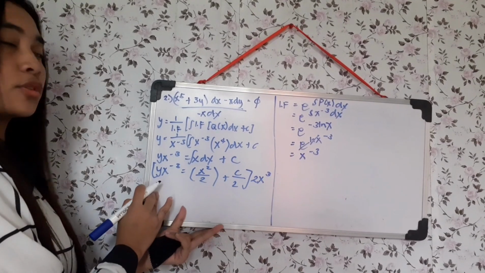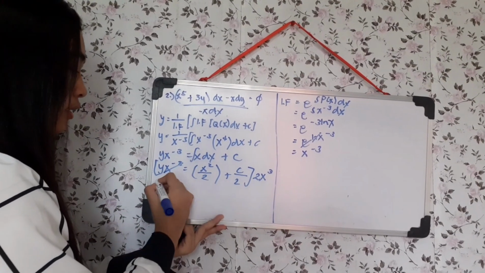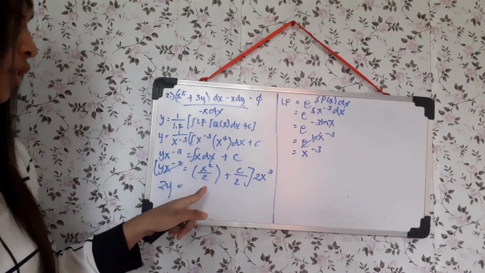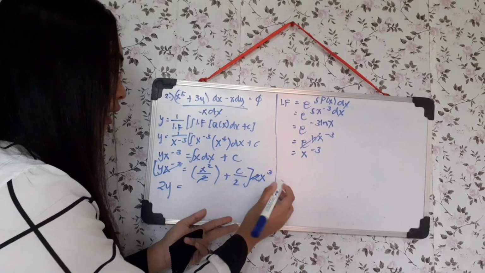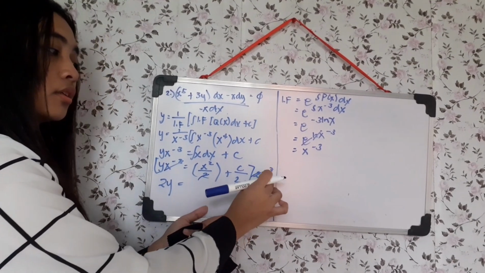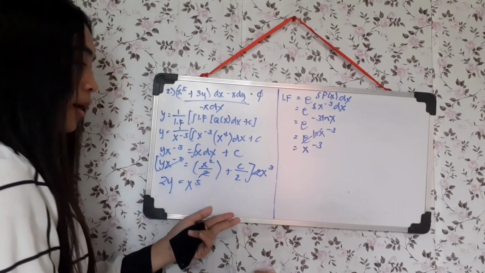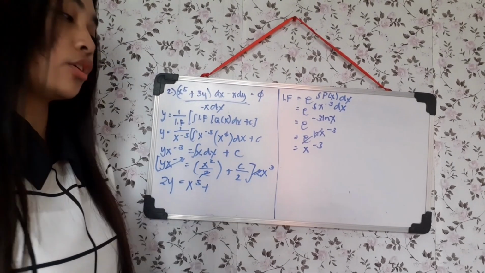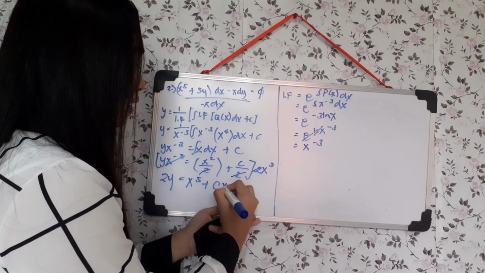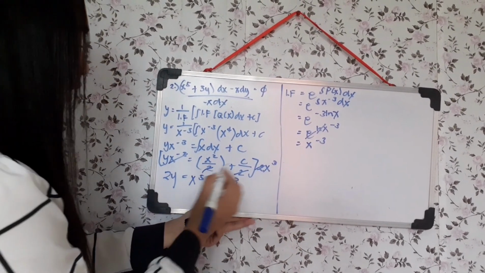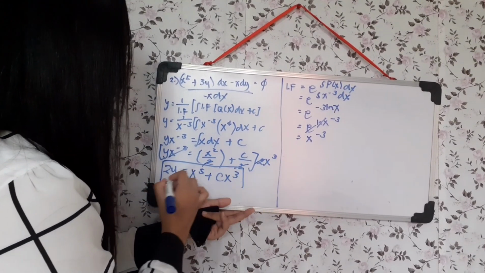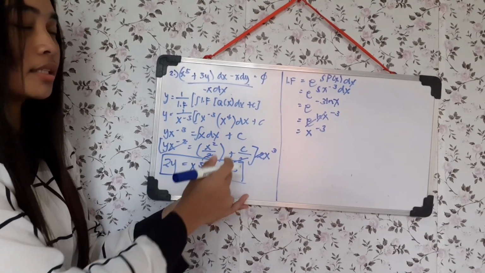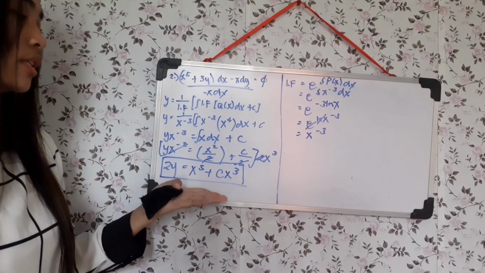So 2x cubed times y x to the negative 3 cancels. So we have 2y equals 2x cubed times x squared over 2, so cancel. So x squared times x cubed is equal to x to the fifth, plus c over 2 times 2x cubed, so cancel. We have cx cubed. So we got the final answer of 2y equals x to the fifth plus 6cx cubed. So this is the final answer.